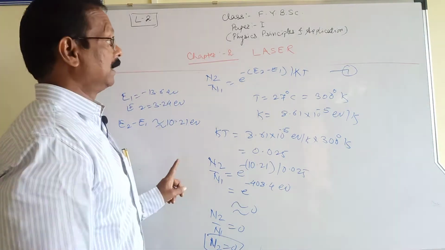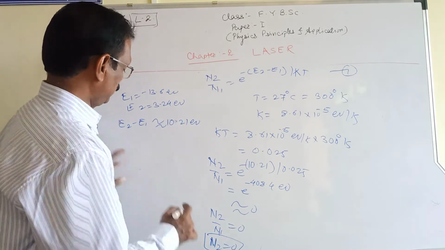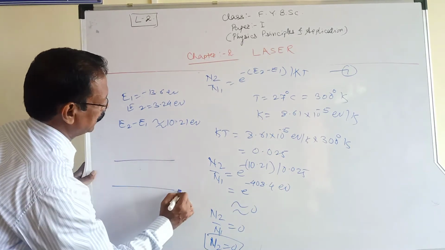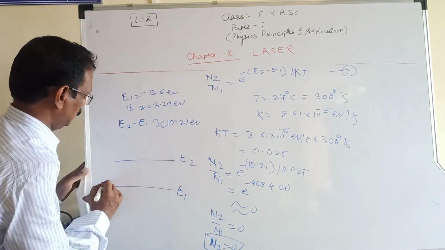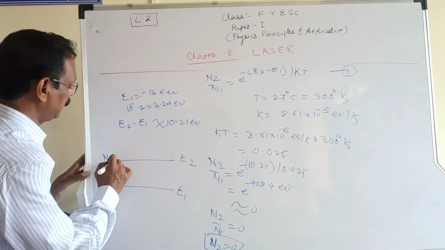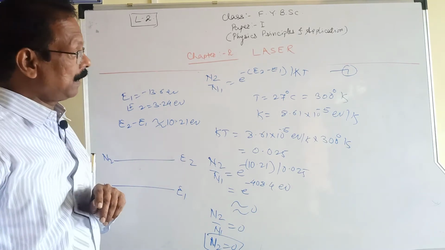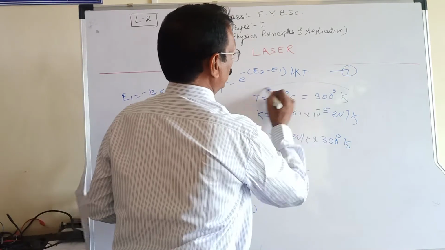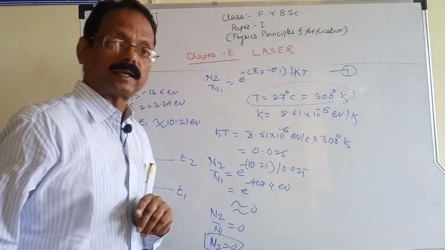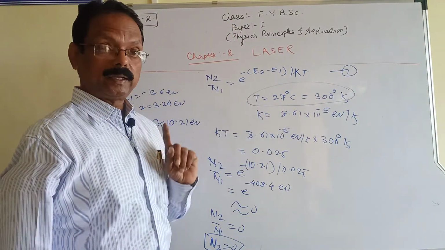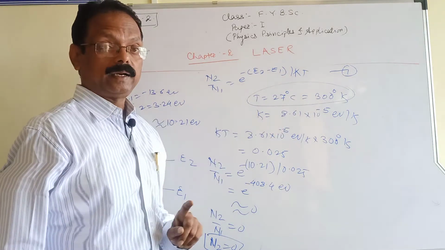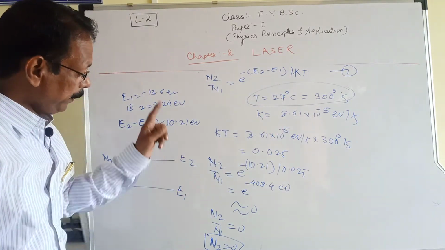From this derivation, we prove the following. This is the ground state energy level E1 and this is E2. These are the population of atoms in the ground state and the population of atoms in the higher energy level, at T equal to 27 degrees centigrade, which means 300 Kelvin.